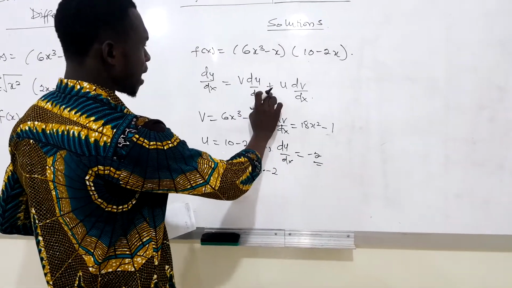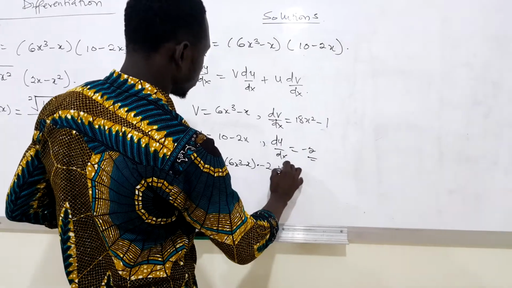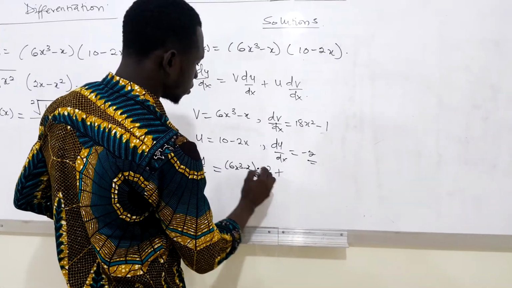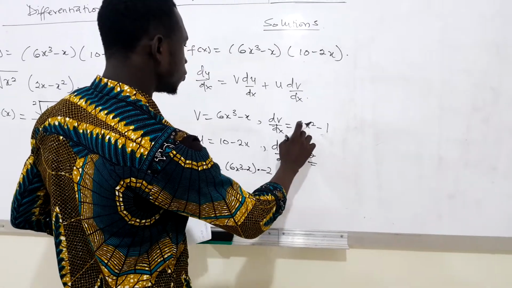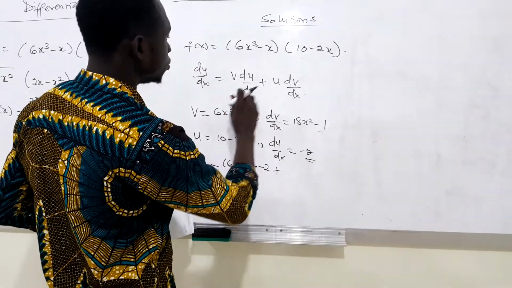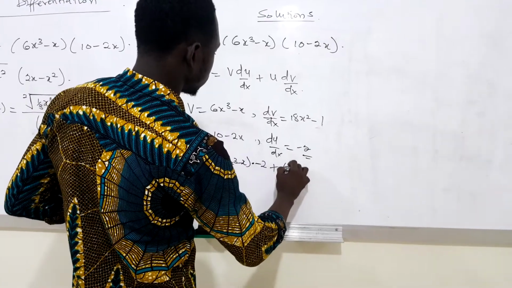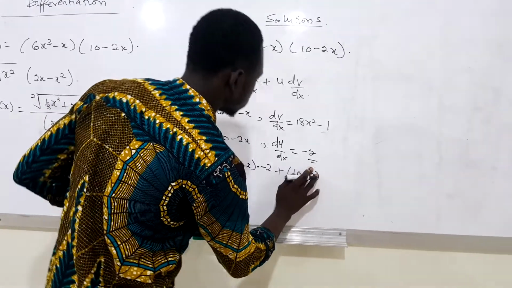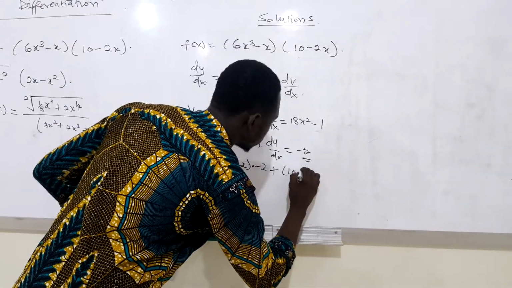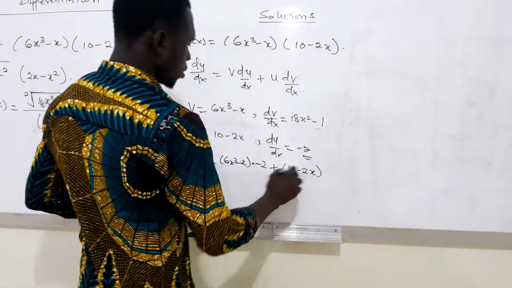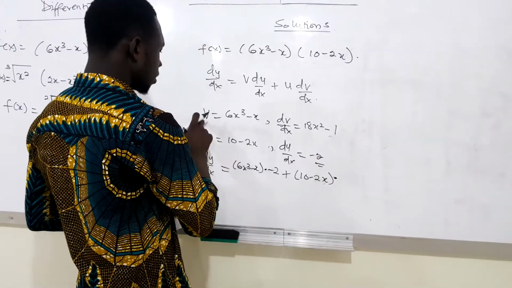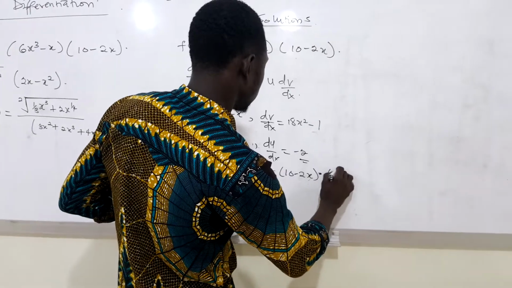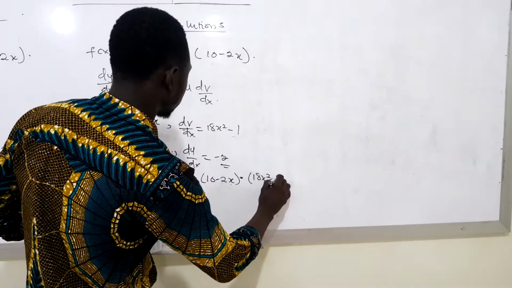Then plus u, my u is 10 minus 2x, multiplying the dv dx, which is 18x squared minus 1.